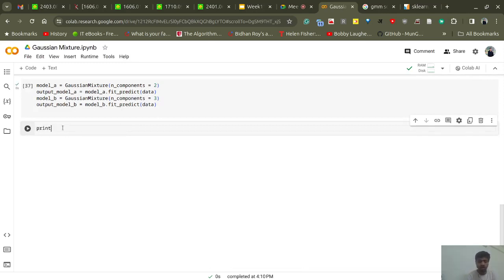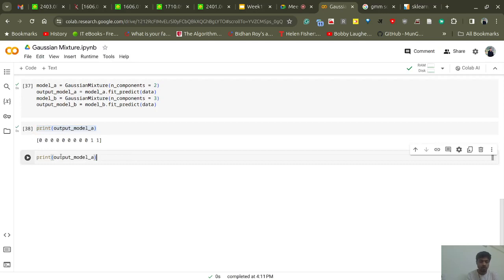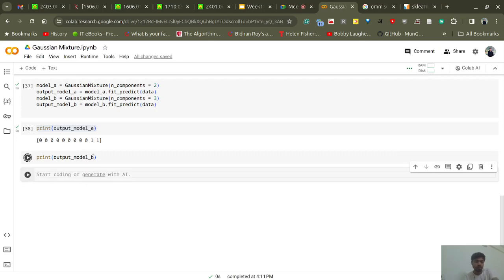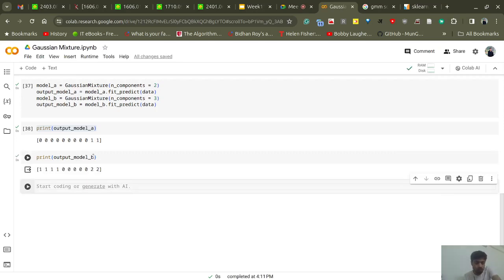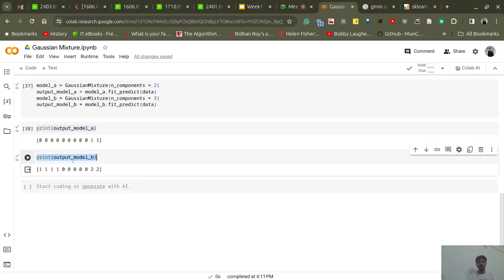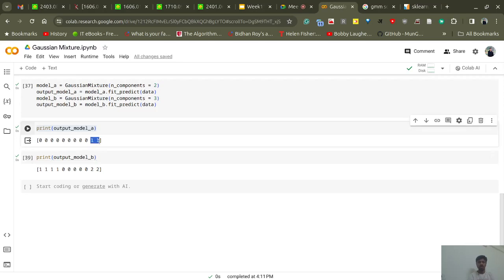Okay, print output. Okay, so this is the output of model A and this is the output of model B. What is happening is that model A is assigning the last two data points into one cluster and the rest of the data points into another cluster.